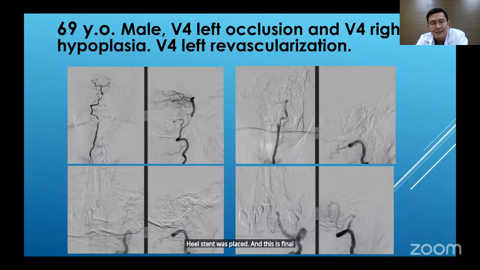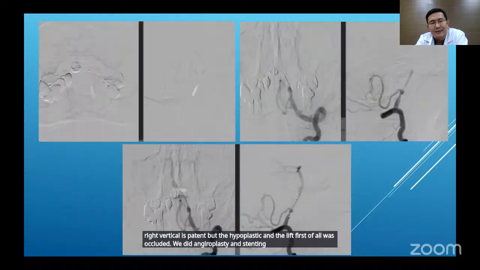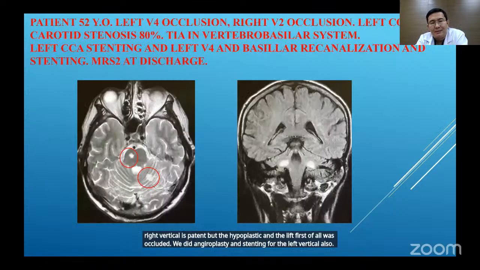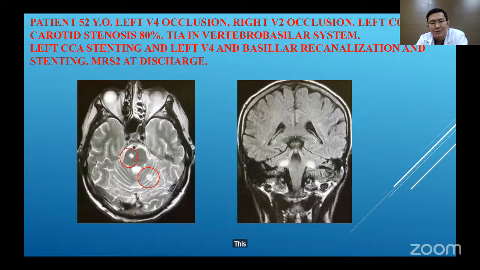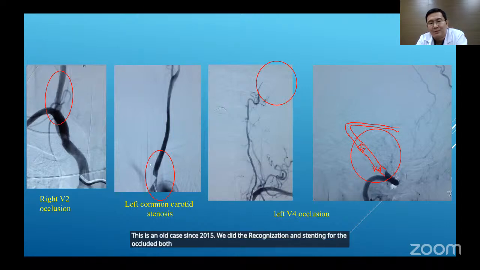And this is another case. The right vertebral is patent but hypoplastic, and the left vertebral was occluded. We did angioplasty and stenting for the left vertebral also. This is an old case since 2015. We did a recanalization and stenting for the occluded vessel. Both vertebrals were occluded, but we did the recanalization for the left vertebral artery.